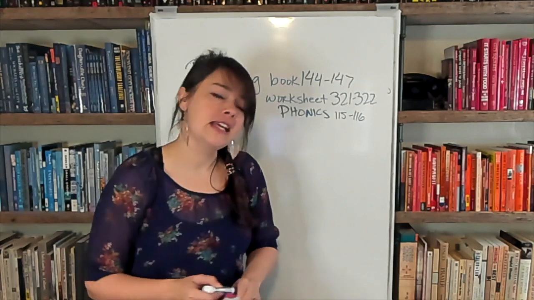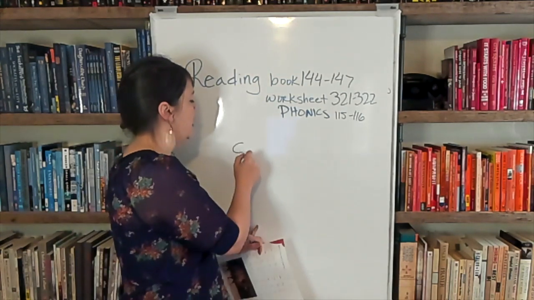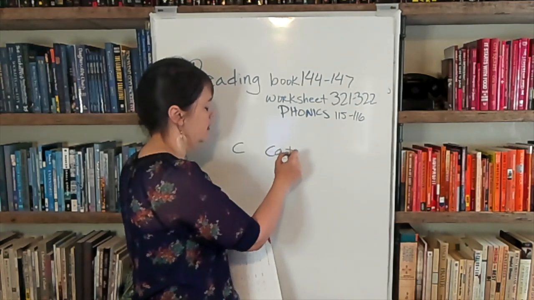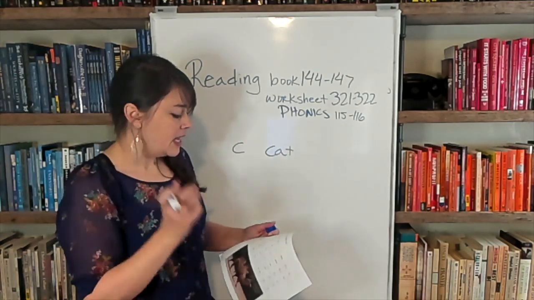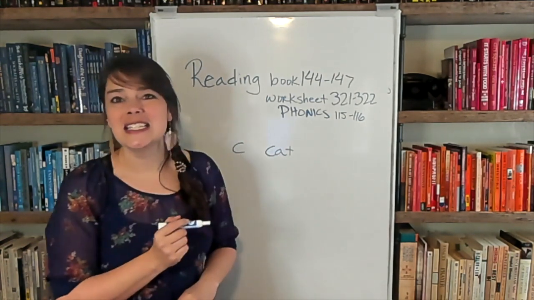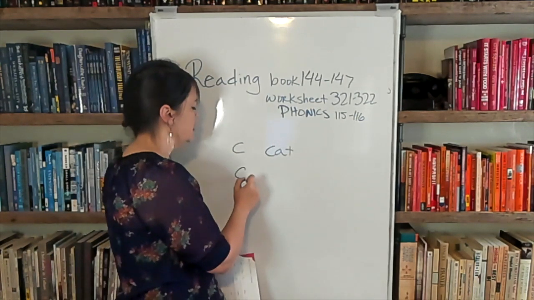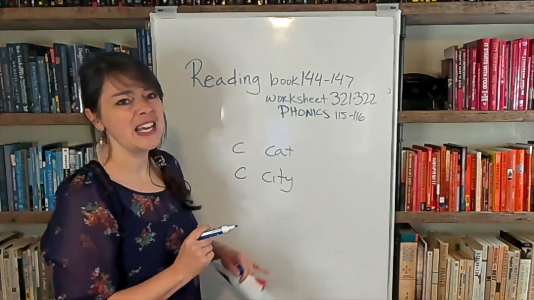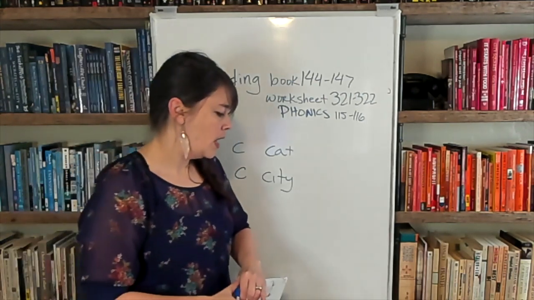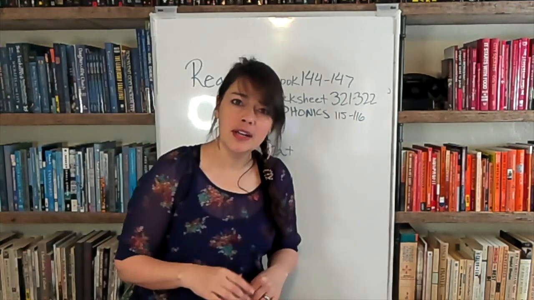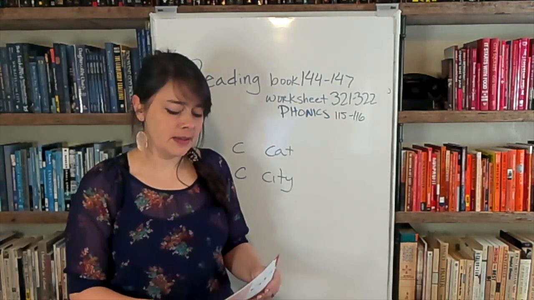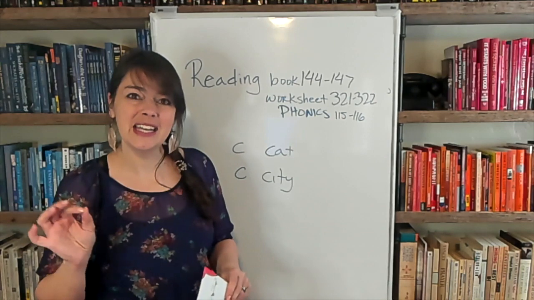Sometimes the letter C has a sound like k, like cat. But sometimes letter C says s. Still the letter C, but it can say s, like in the word city. So that's called hard and soft C. It's either an S sound or a K sound.